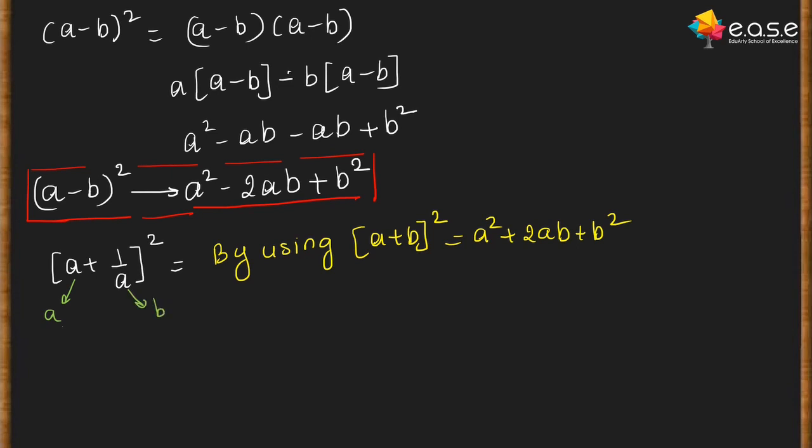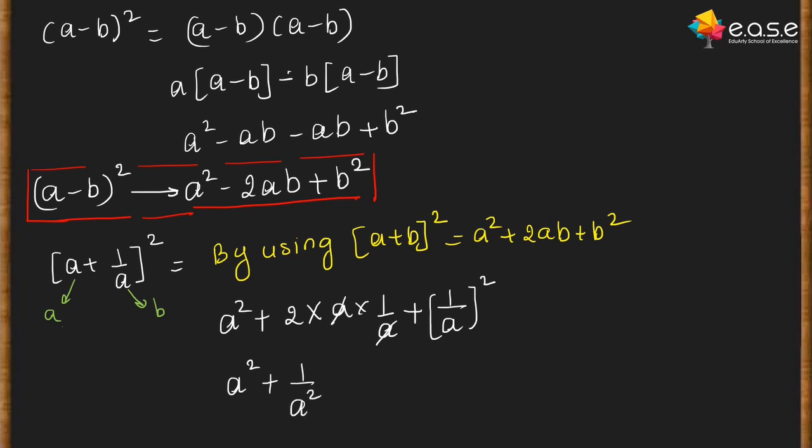This is a square, so it is going to be a square plus 2 into ab. a is a and b is 1/a. Correct? Plus b square, which is (1/a) the whole square. This a and this a will cut. So you'll have a square plus 1/a square plus 2.